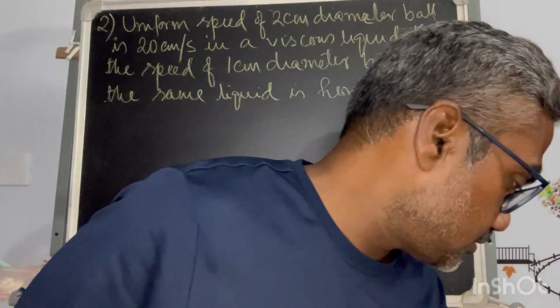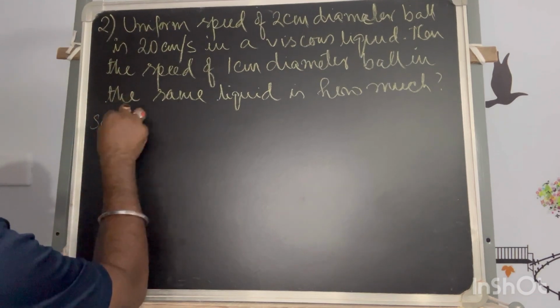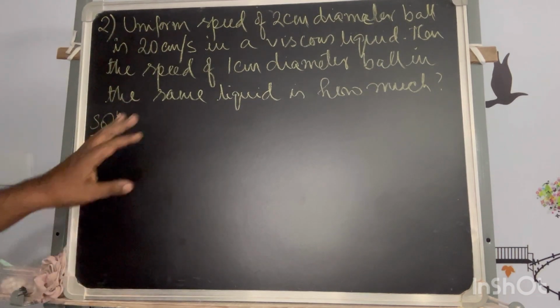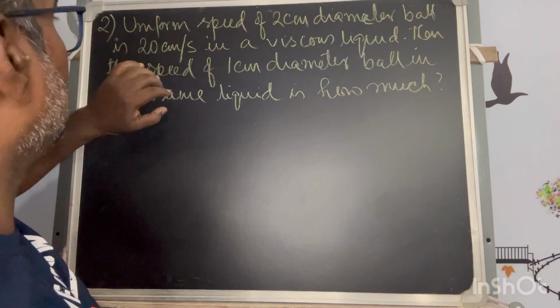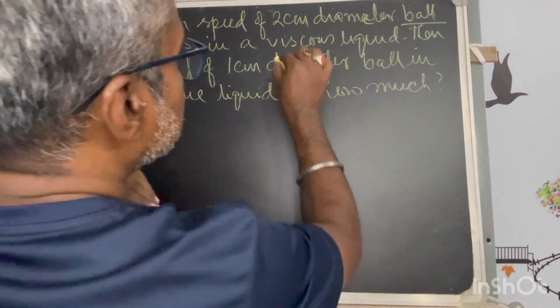Okay, fine. So, uniform speed of a 2 centimeter diameter ball, it's a ball moving in a viscous liquid.